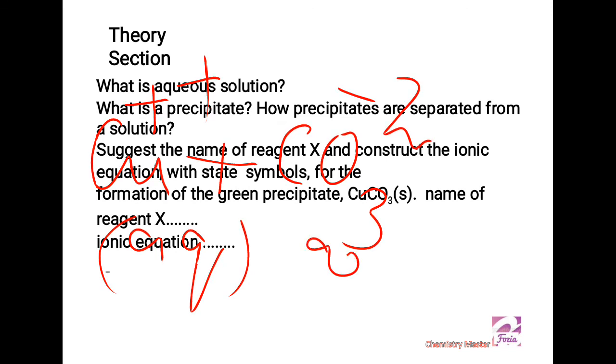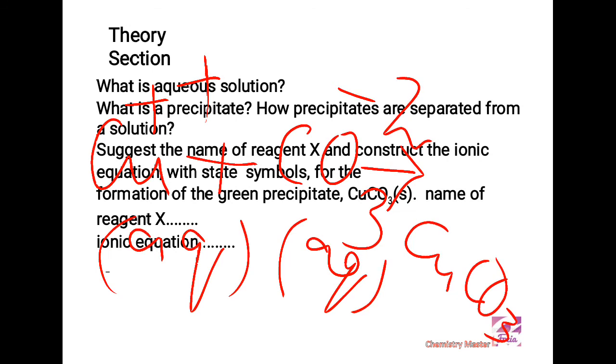Again, the carbonate ions are aqueous and after reaction they produce copper carbonate, that's a solid, and we often use a downward arrow to represent it. So the reagent is sodium carbonate with copper sulfate solution, and the product of the reaction is a green precipitate, copper carbonate.